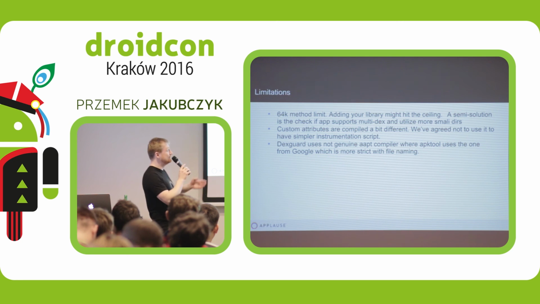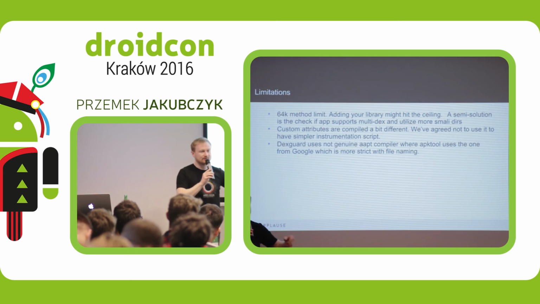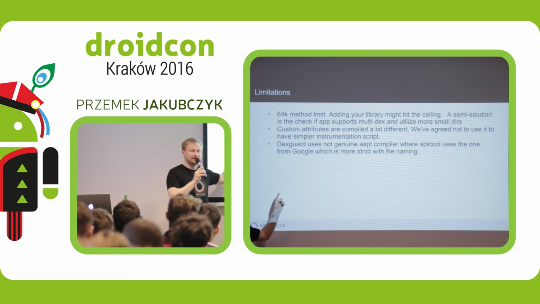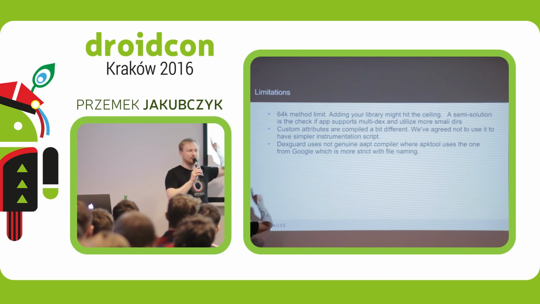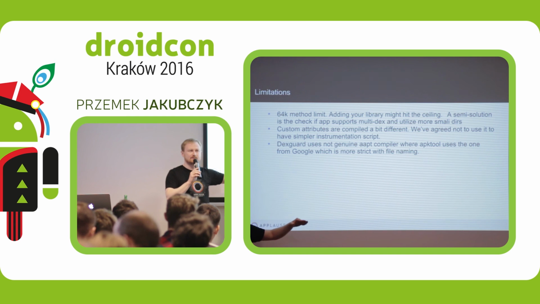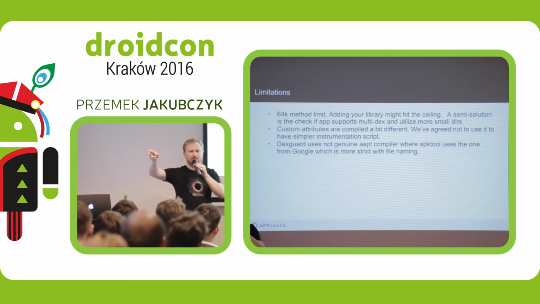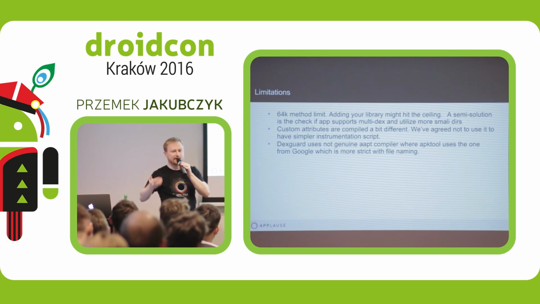And the Android virtual machine accepts the output of DexGuard. But if you decompile the output from DexGuard and compile it again with APK tool, it won't work, because APK tool is based on the official Google Android resource compiler. It's just genuine stuff. So while you're using DexGuard, you're breaking the chain somewhere in the middle, because you're using a third-party tool which doesn't allow you to compile it back.